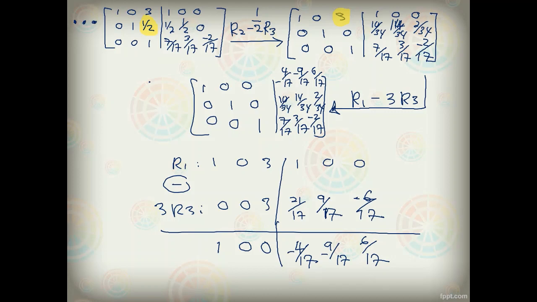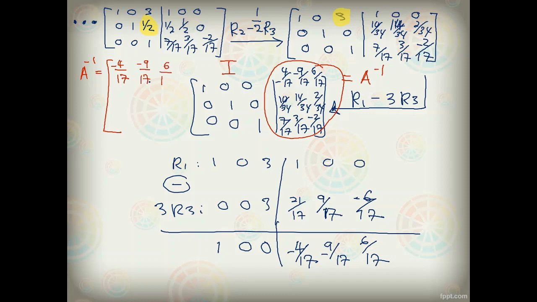Okay, so now we have successfully transformed or reduced our matrix A on the left side to matrix identity. And whatever you have on the right here, this is your A inverse. So here your A inverse is, we write it nicely, minus 4 over 17, minus 9 over 17, 6 over 17.